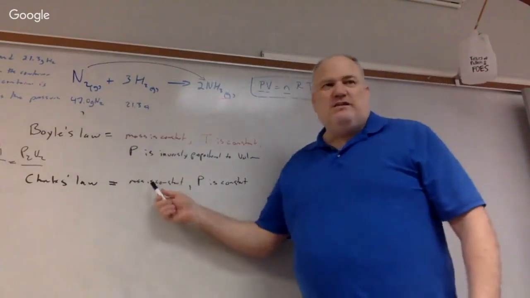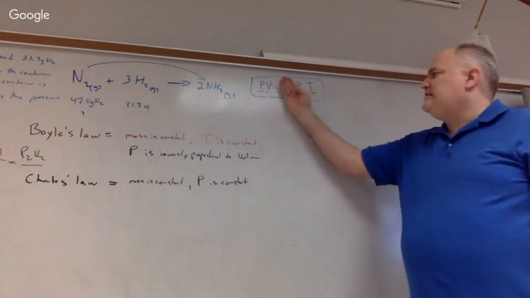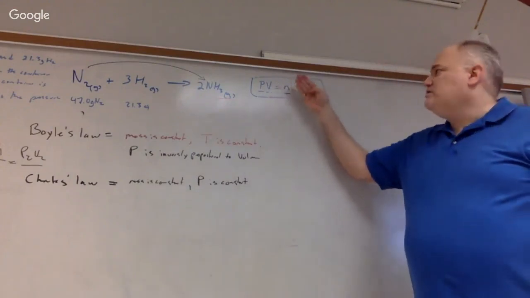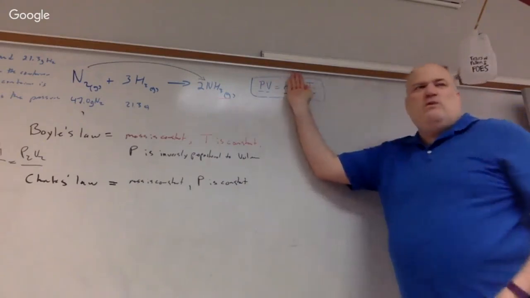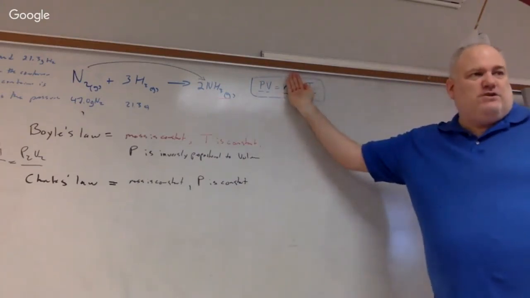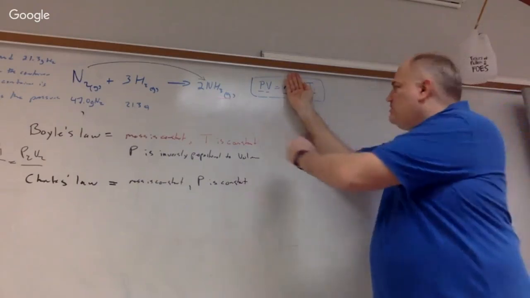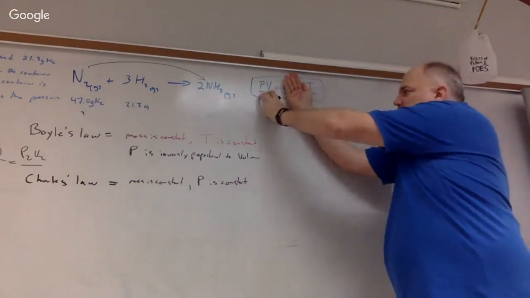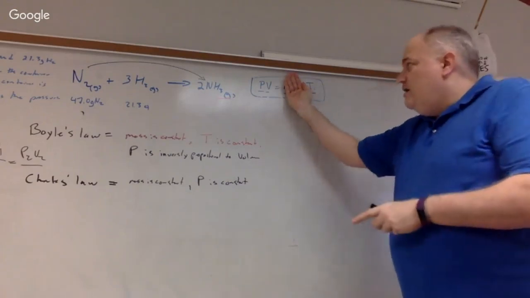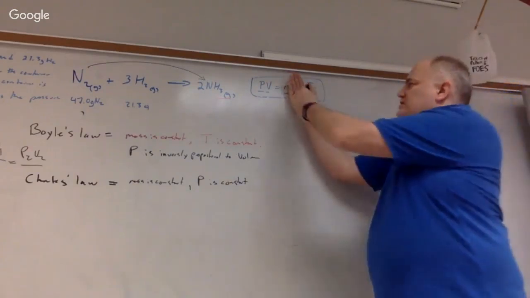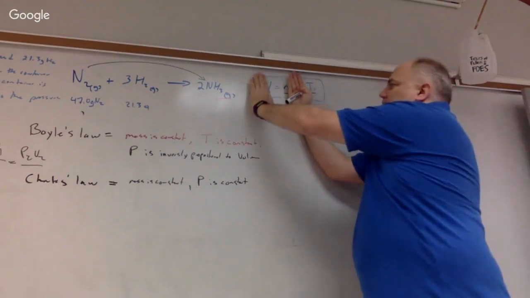So mass is always held constant. So when we're doing one of these, this is always held constant, right? R is always held constant, right? So then the question is, of these three variables, which one will we hold constant to compare the other two? In scenario number 1 with Boyle's law, we held temperature constant and we compared these two. In Charles' law, we're holding pressure constant. So watch, what are we now comparing?